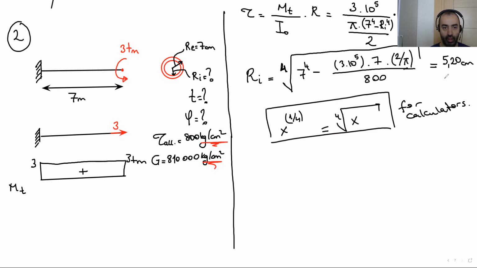Okay, we have Ri, the internal radius. What is the thickness of the hollow section? It's easy. The difference between our external and our internal radius gives us the thickness. T is 7 minus 5.20, which is 1.80 centimeter.